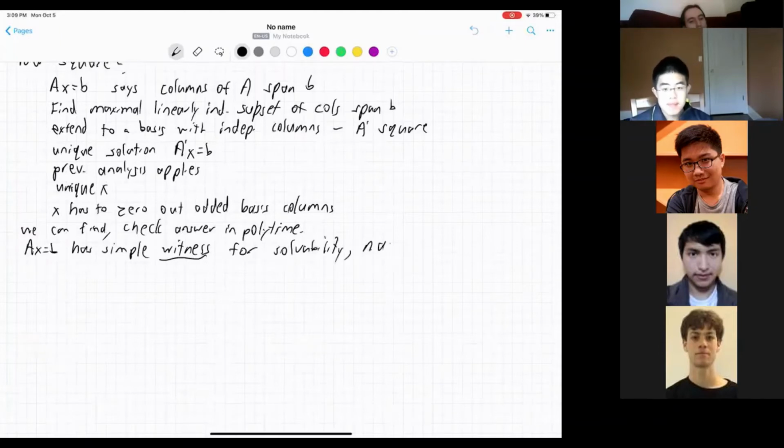Yes, a question? It's not clear why, if you add some columns to A, their values remain polynomial in the input size. Well, I can choose columns from the usual basis, 0 everywhere except for 1 in a few places. But they should be orthogonal to the columns of A. Sorry, I shouldn't have said basis.